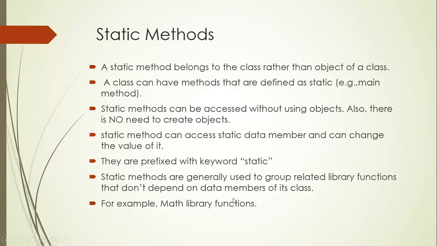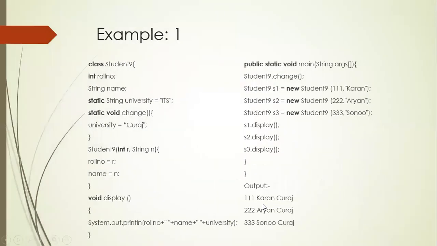Static methods are generally used to group related library functions that don't depend on the data members of their class. For example, the math library has static functions. We'll take one example so that you will understand. In this example, I have taken student roll number, student name, and university, and I have used one static function.